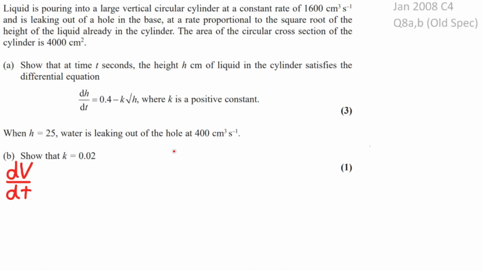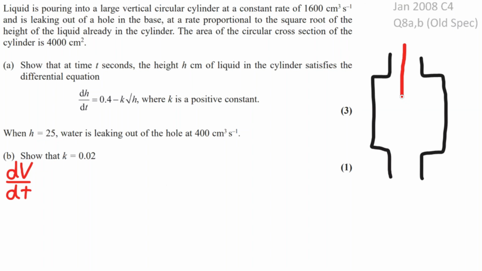Okay, so let's look at the numbers. We're told that liquid is pouring into a large cylinder at a constant rate of 1,600. So if we draw a diagram in order to help understand this, liquid is pouring in at a constant rate of 1,600 and is leaking out at a rate proportional to the square root of the height of the liquid already in the cylinder.